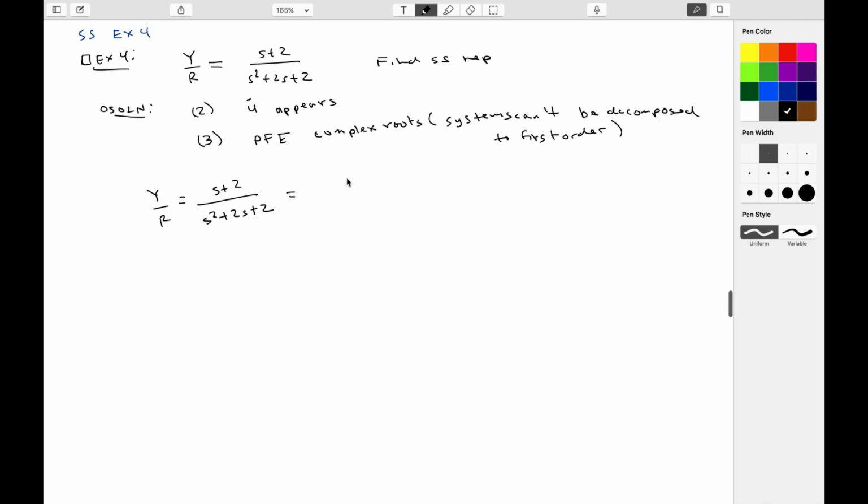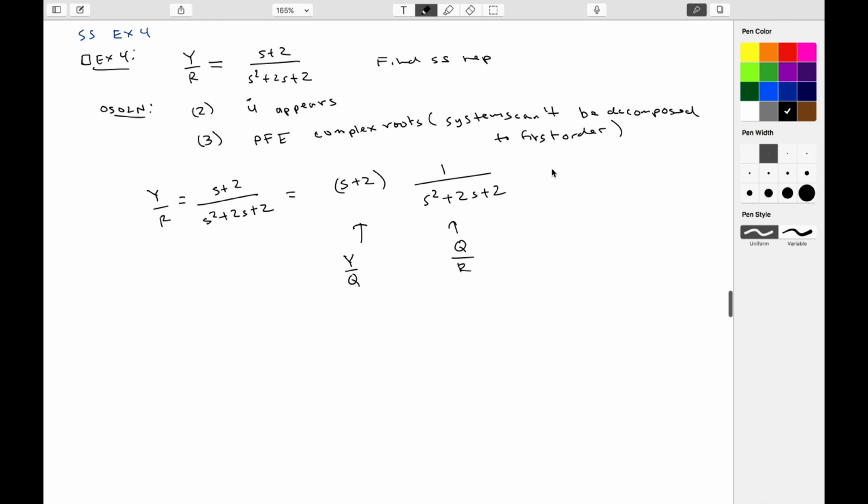But why can't that be equal to s plus 2 multiplied by 1 over s squared plus 2s plus 2? Because we fully know how to work with that. Let's call this part y over q, and let's call this part q over r.